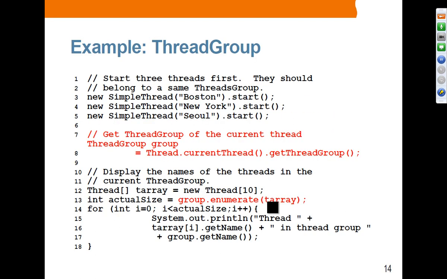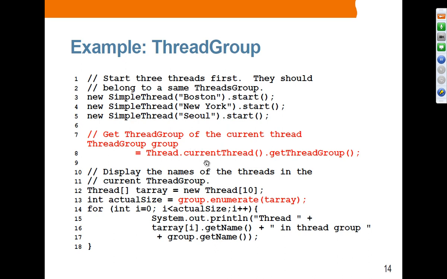So this is an example of thread group, and we can see how to start a thread. Here you create a brand new thread, and then you start that thread. We are starting 3 threads, and then getting the thread group of the current thread. A thread always belongs to a particular thread group.